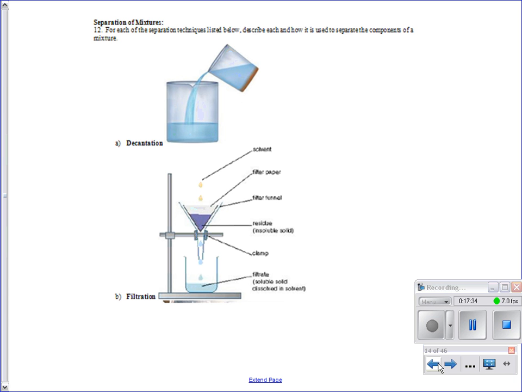So obviously not going to be very good for many things. What type of mixtures do you think decantation is going to be best for? Hetero, exactly. So give me an example of what we could use this for. Sand and water, or rocks and water, or you could do oil and water, if you pour off just the right layer, okay? But what's a drawback to this very caveman-like method?